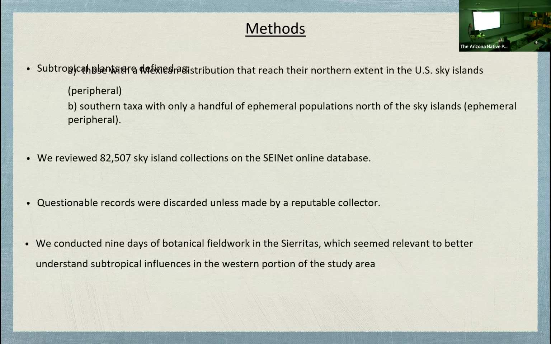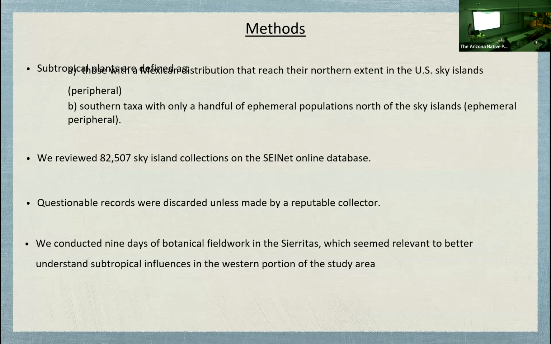As I went through all of these different collections for the Sky Islands, it became clear that one range that seemed particularly important, because of some of the really rich areas that had subtropical influences around it, was the Sierrita Mountains. There were only about 100 herbarium collections from the Sierritas.